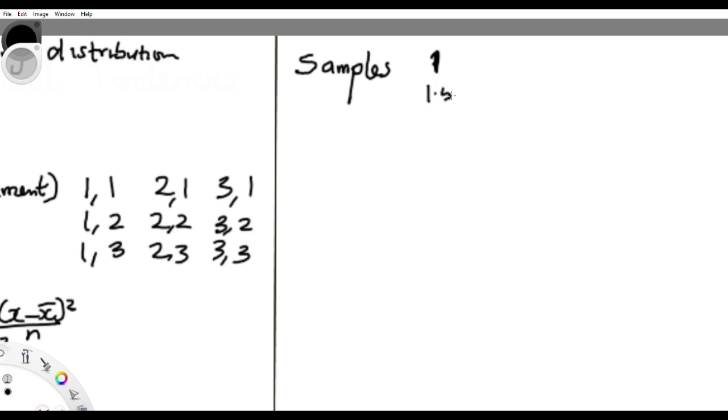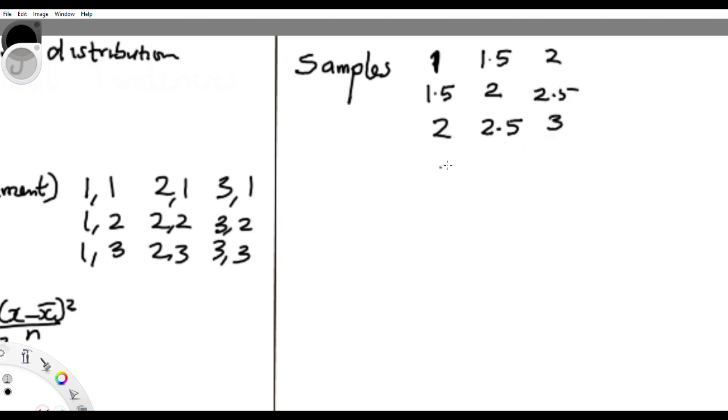Then this one is 1.5. Then this one is 2. Then you have 1.5 again, that's 2 plus 1. Now 2 plus 2, 4 divided by 2 is 2. This is 2.5, now this is still 2. This is 2.5, and this is 3.